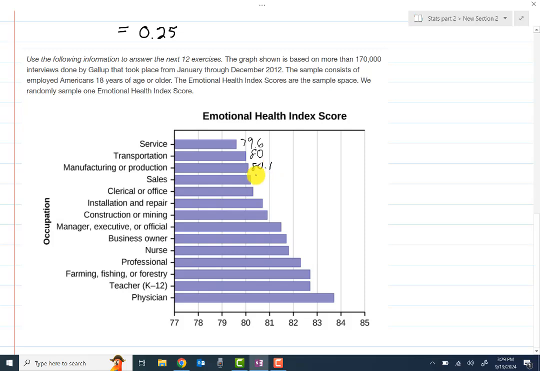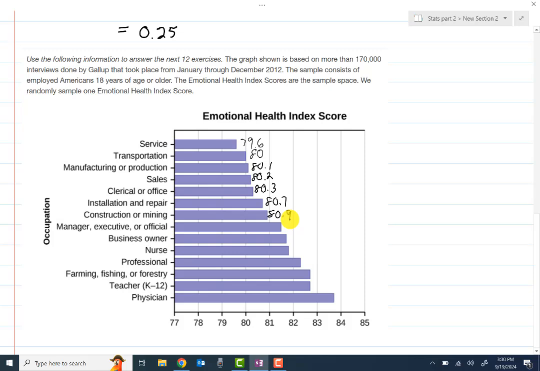Sales, then I'll go with 80.2. And then for the next one, 80.3. Let's see, what is the next one? I'm going to guess 80.7 for installation and repair. Construction or mining, I'm going to go with 80.9.